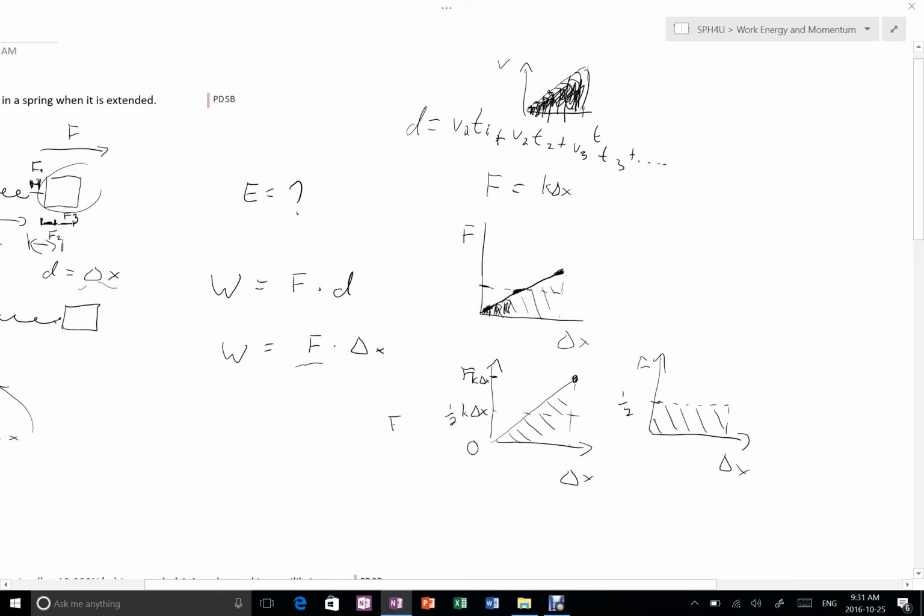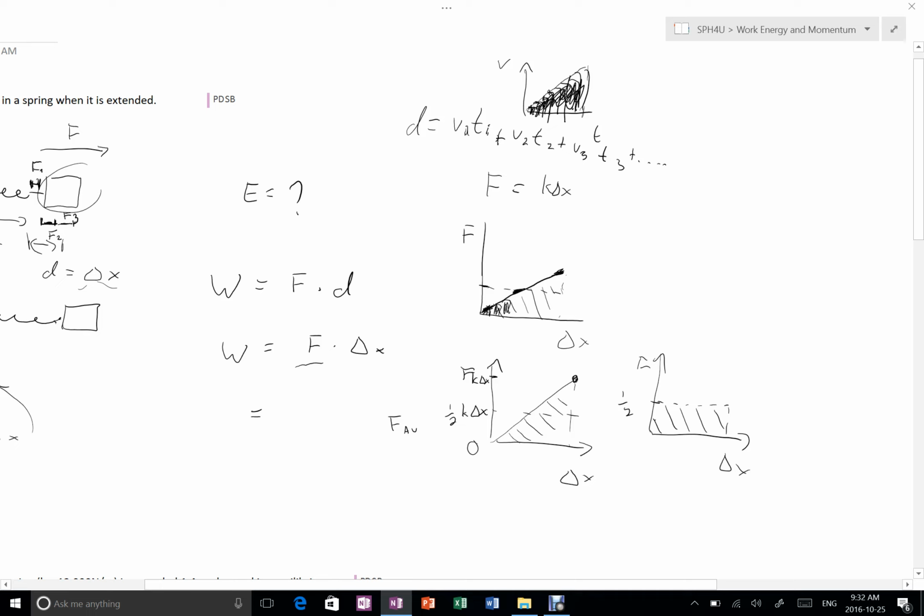And so if I imagine that's my average force, then I can get a representation of how much force I have where I use too much force for my initial pulls and too little force for my final pulls. And so my average force represents a good amount for the whole thing.